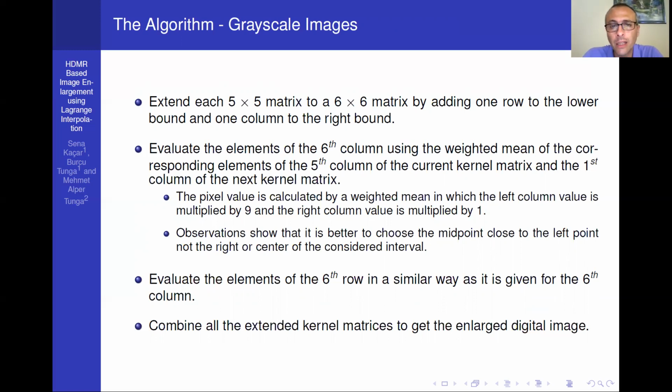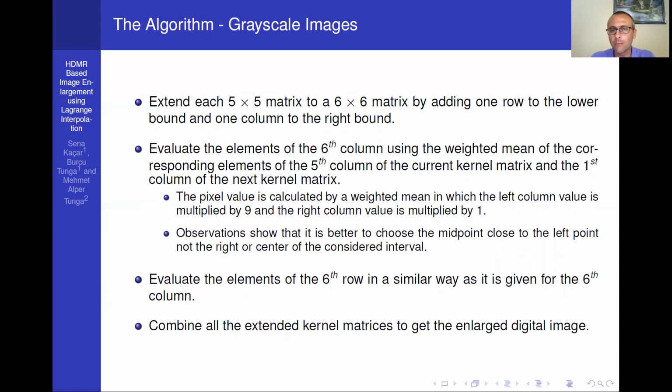And then we have to evaluate the elements of the sixth column and sixth row of this extended kernel matrix. To do this, we use the fifth column of our current kernel matrix and the first column of the next kernel matrix.